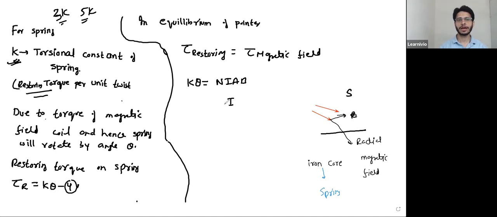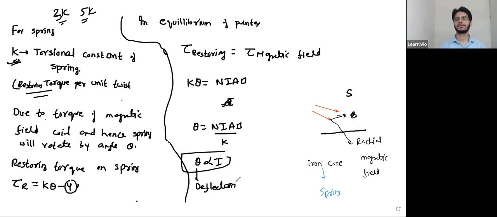So you can write theta as NIAB by K. See, theta is directly proportional to I. Theta is the deflection of the galvanometer. So deflection is directly proportional to current, so it can measure current. Greater the current, greater would be the deflection of the pointer. So this is what you were supposed to prove, that deflection is directly proportional to current.